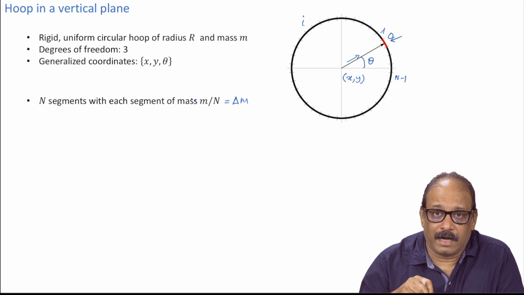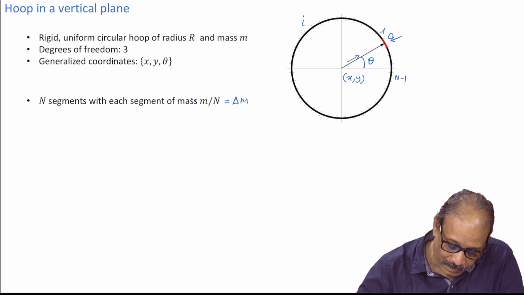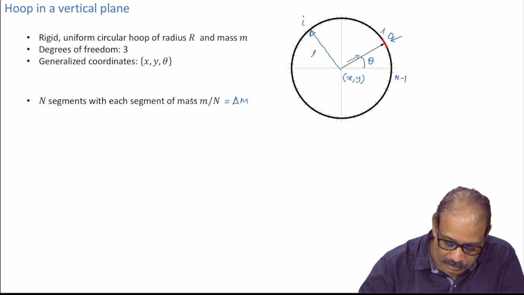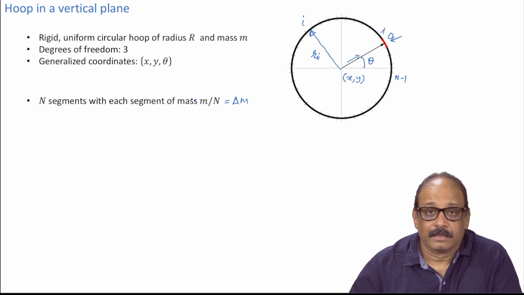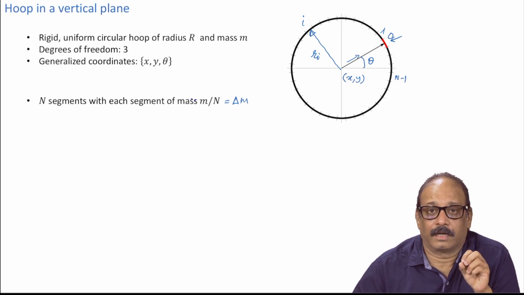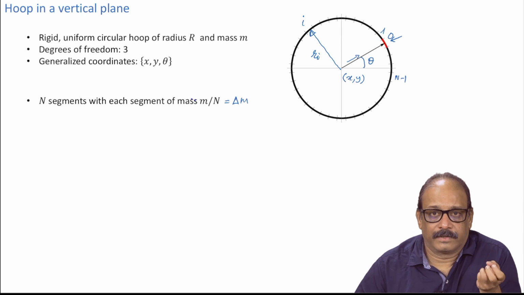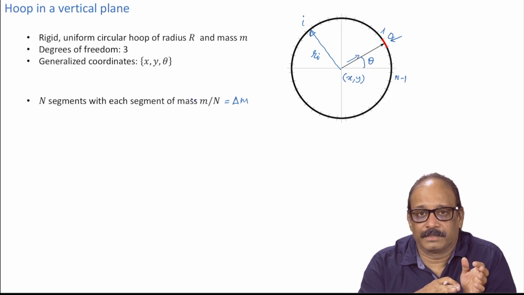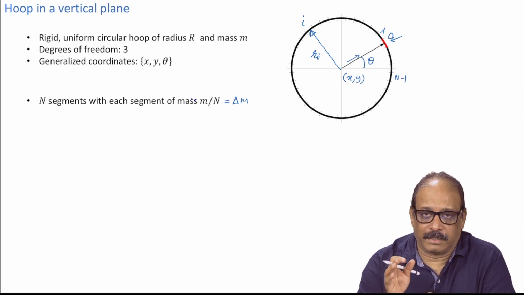Now, consider this particle i or segment i, and then you have this position vector to it. Let me call this position vector Ri. This position vector now I must express in terms of our generalized coordinates. So, for each segment you have this transformation from Cartesian coordinates to the generalized coordinates.